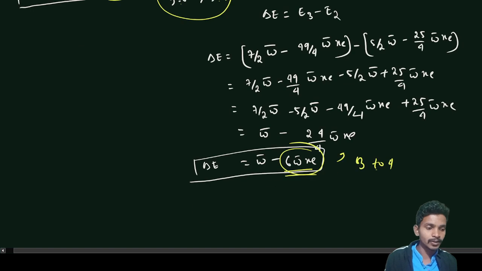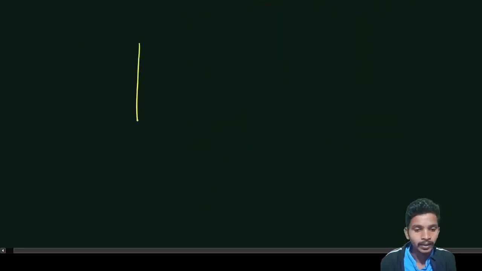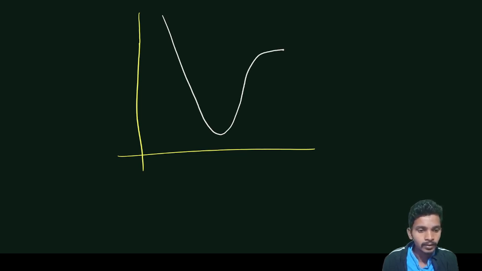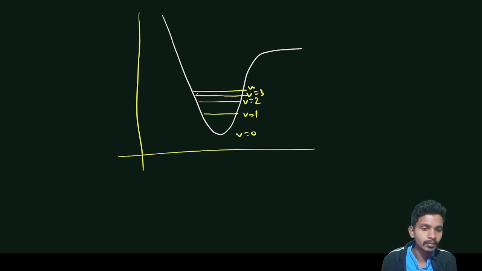So if I draw the picture nicely, how can I draw it? Let's say this is v equal to 0, then this is v equal to 1, after that the gap decreases a little bit. v equal to 2, again it decreases here. v equal to 3, decreasing. v equal to 4, like that.